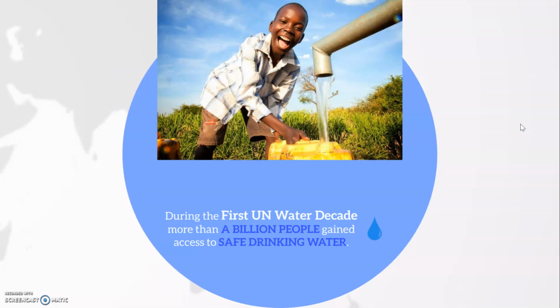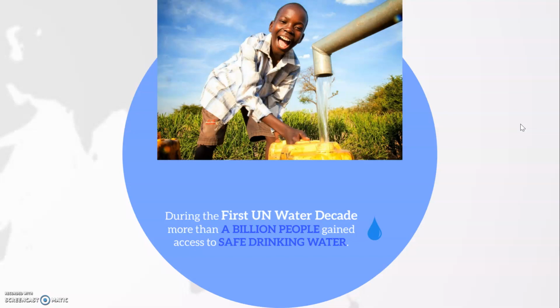The first UN water decade was a 10-year period between 1981 and 1990, designated by the United Nations to bring attention and support for clean water worldwide. During this first UN water decade, more than 1 billion people gained access to safe drinking water for the first time in their lives.